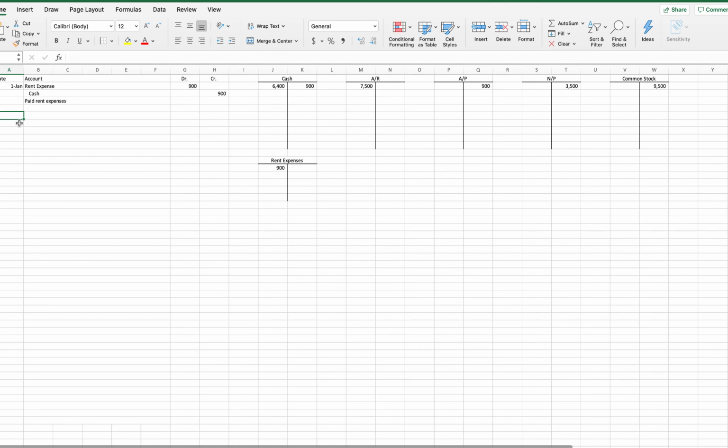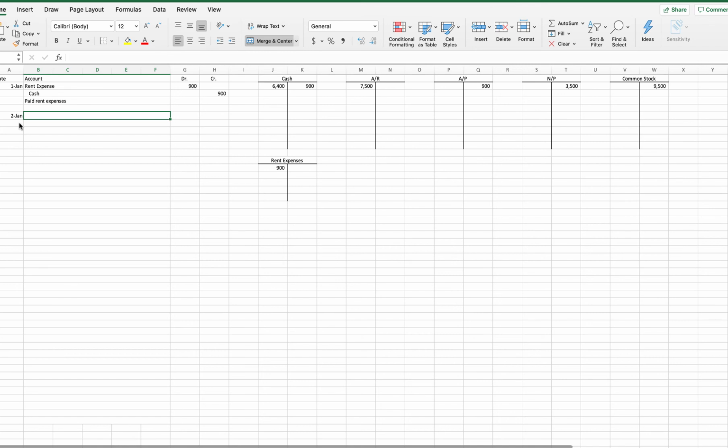How do we do that? Well, on January 2nd, we know our cash is going up. We know cash is an asset. We also know that accounts receivable is an asset as well. So we need to increase one asset and decrease another asset. How do I increase an asset? With a debit. How do I decrease an asset? With a credit.